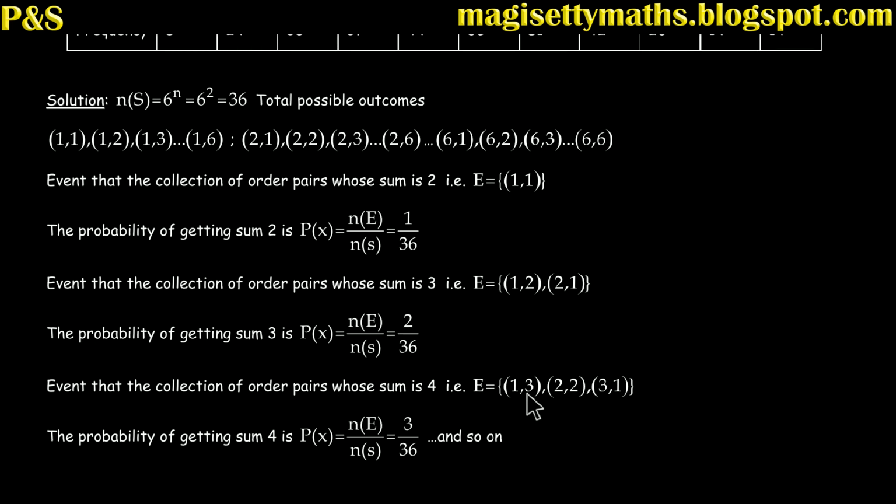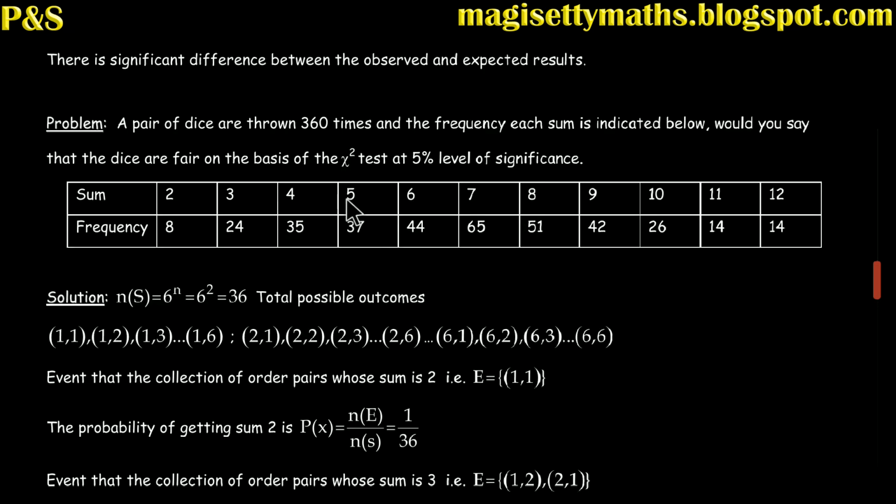Now if you observe, we have only 3 such elements, (1,3), (2,2), (3,1), whose sum is 4. So n of E equals 3, and n of S equals 36. Now evaluate every event's probability like this.